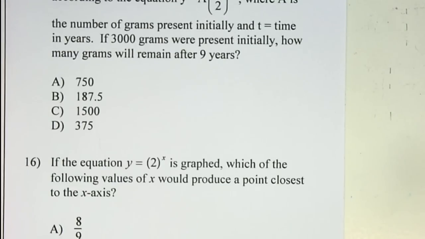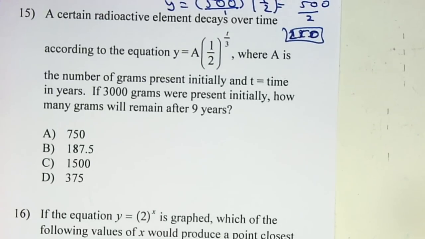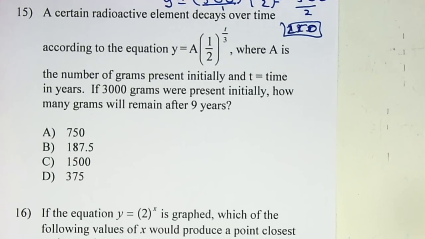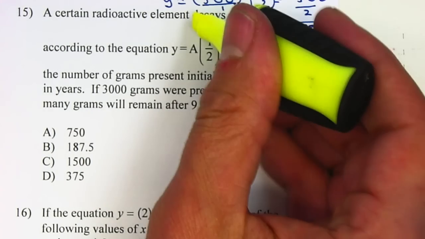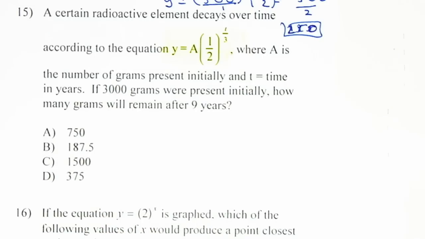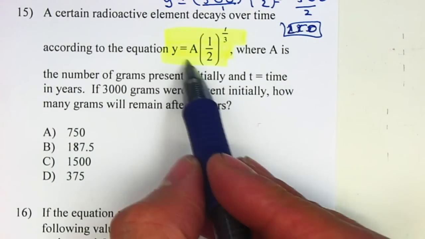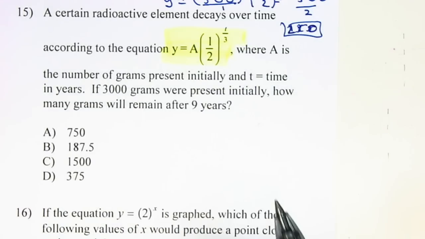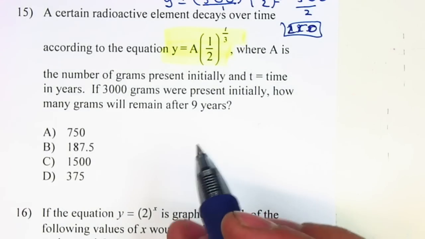Problem number 15. A certain radioactive element decays over time according to the following equation, and they're giving us an equation where A is the number of grams present initially, and T is the time in years.